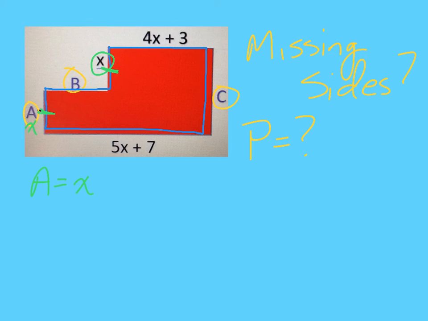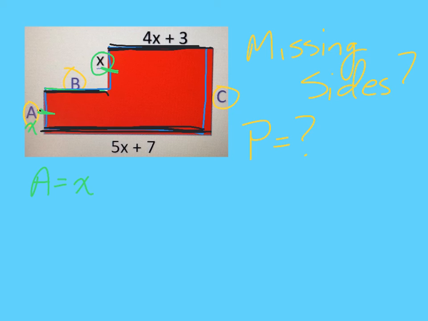Now B, it's a little bit harder for B. We have this side here, but what I want to point out in these rectangles and triangles is some common sides. So this side here all the way along will be exactly the same as this side plus this side. So these two sides together will be the same as this side.